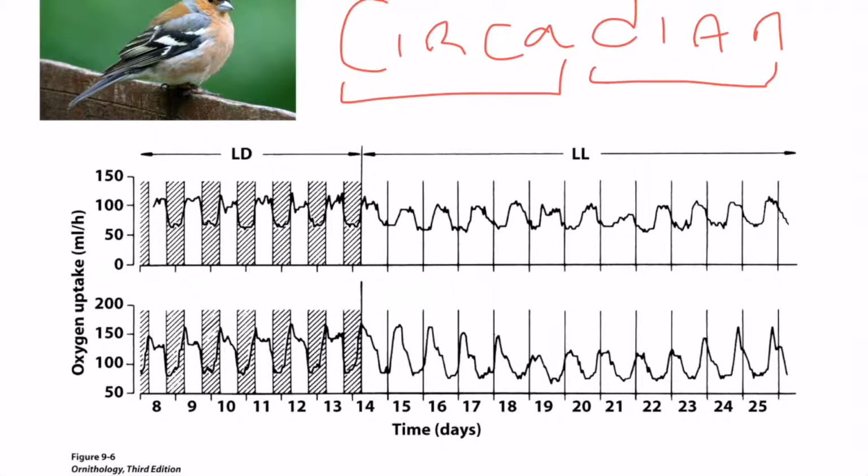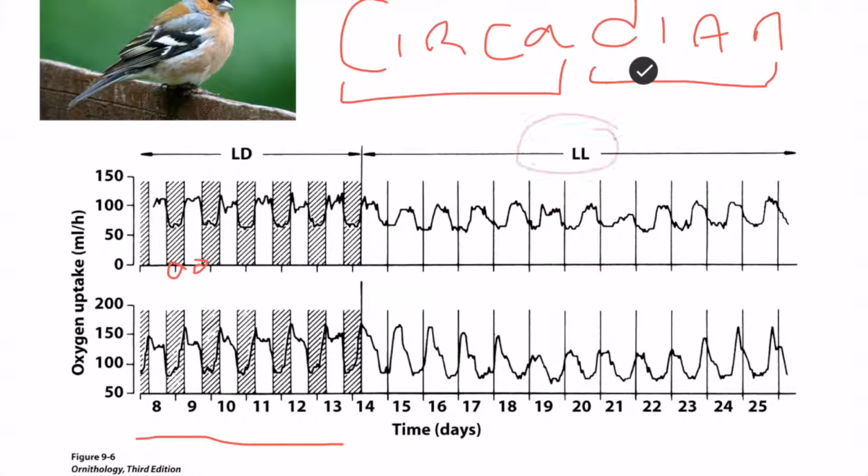The figure here is showing activity for a bird called a chaffinch, again a European species, with at the beginning here activity patterns on a normal light-dark cycle that the bird's kept in captivity. The lights go on, it becomes more active. The lights go off, and it becomes less active, more active, and so forth. Nice cycle going on there.